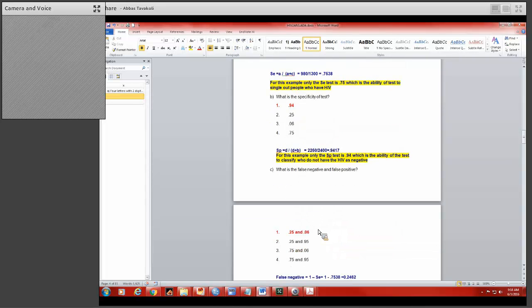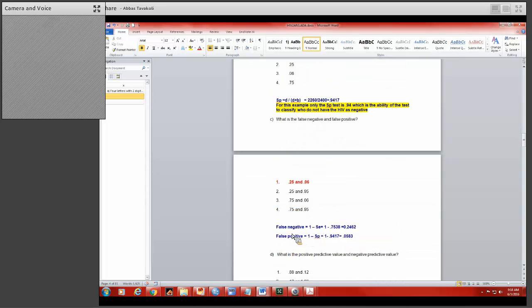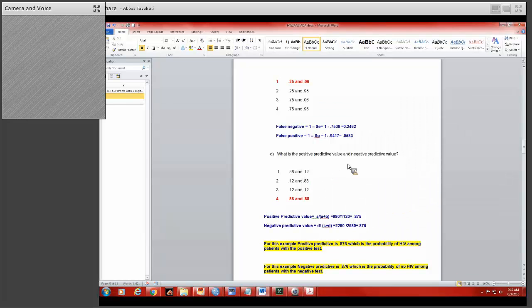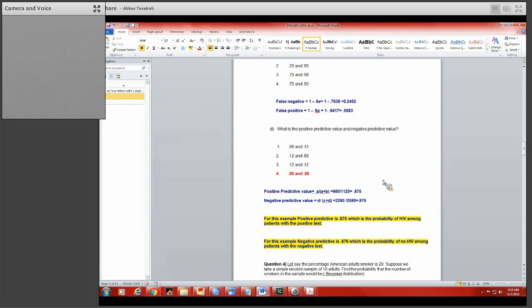What are the false positive and false negative? False positive is 1 minus specificity. False negative is 1 minus sensitivity. So 0.25 and 0.06 is the correct answer for that. And what are the positive predictive value and negative predictive value?